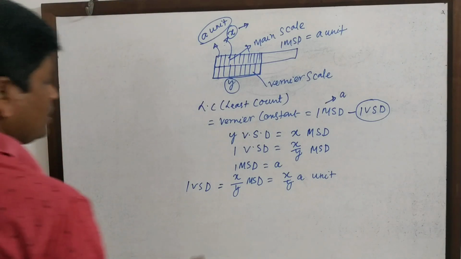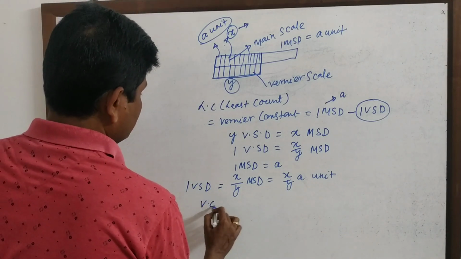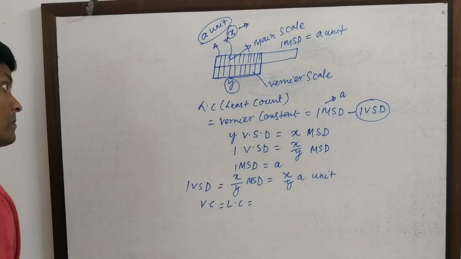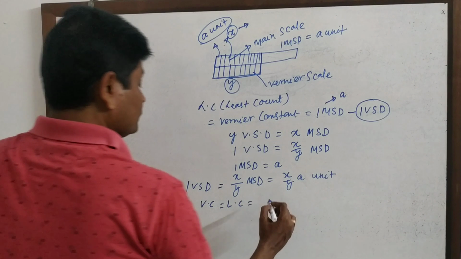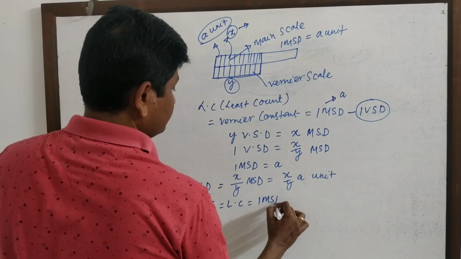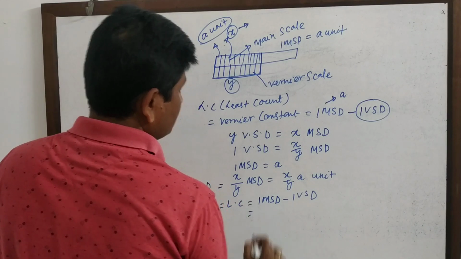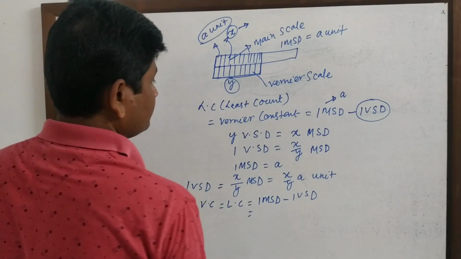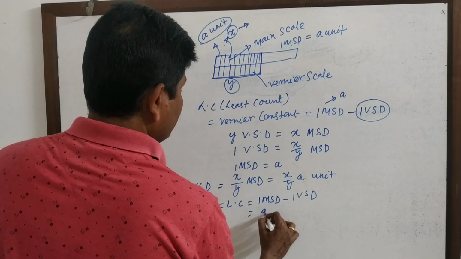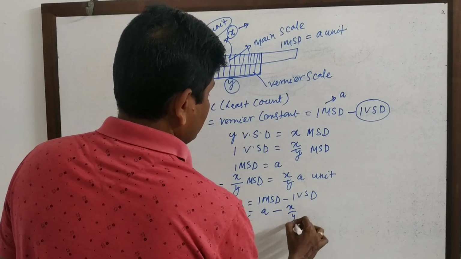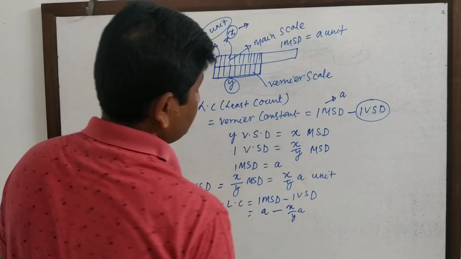Now the vernier constant VC, or least count, is equal to 1 MSD minus 1 VSD, which is A unit minus X by Y A unit.